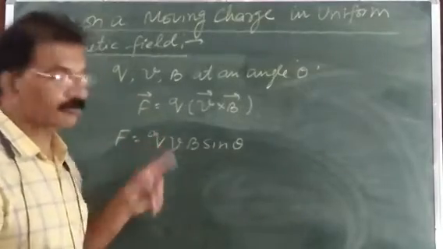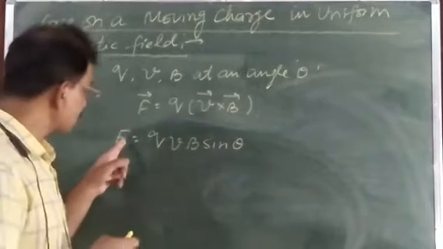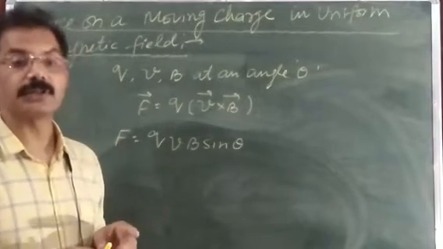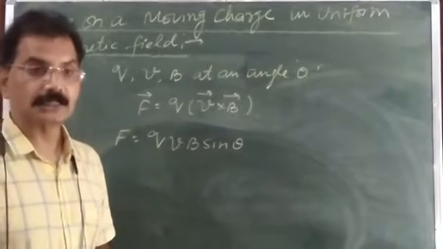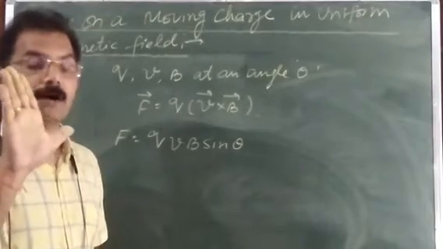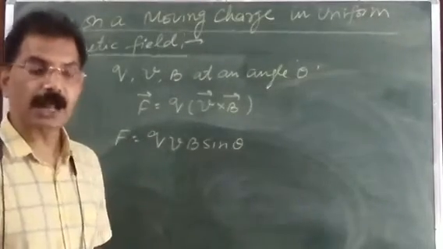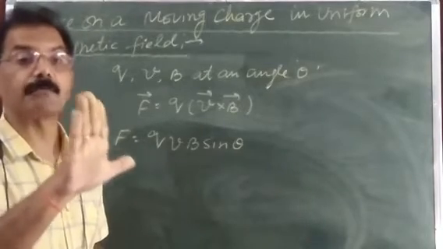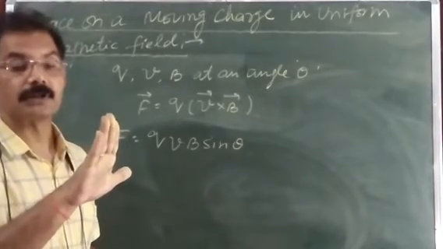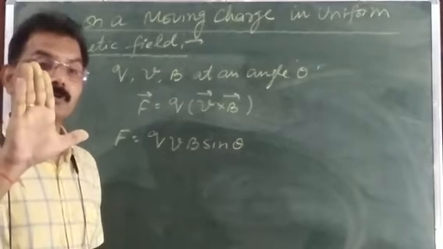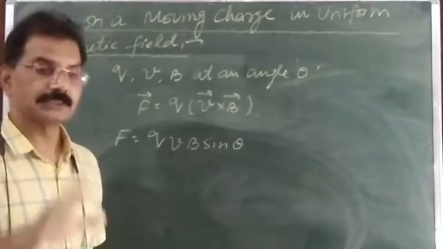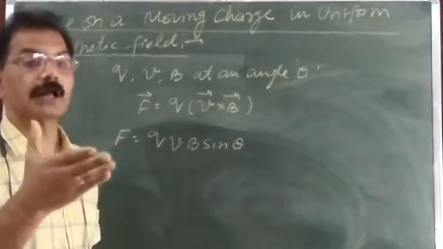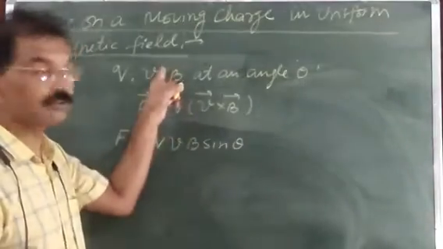But here also we can find the direction of this force by using some laws like Fleming's left hand rule, or simply the right hand palm rule. The easiest method, what I am telling you, is the right hand palm rule. Remember, I already gave the right hand palm rule for finding the direction of the magnetic field, and the same rule can also be applied for finding the direction of this force.